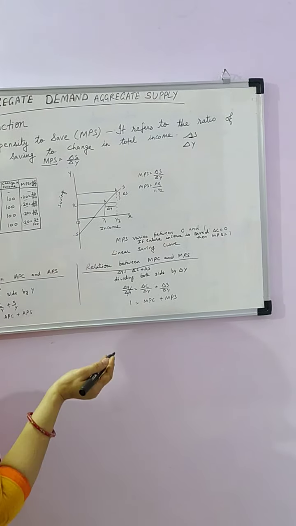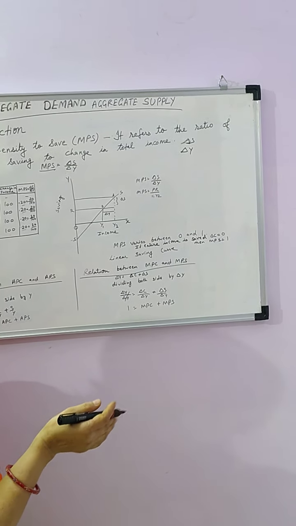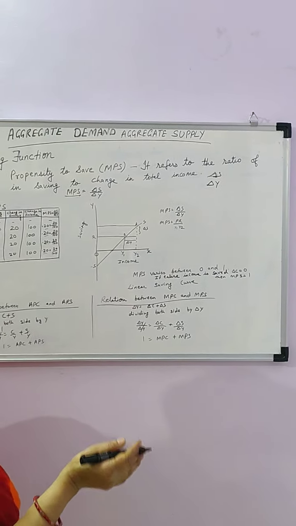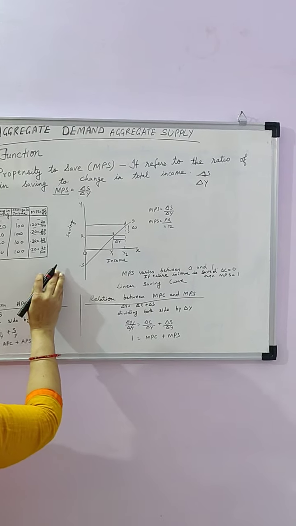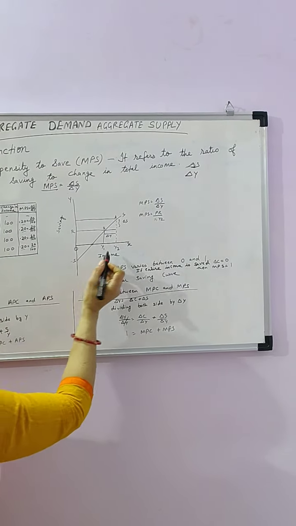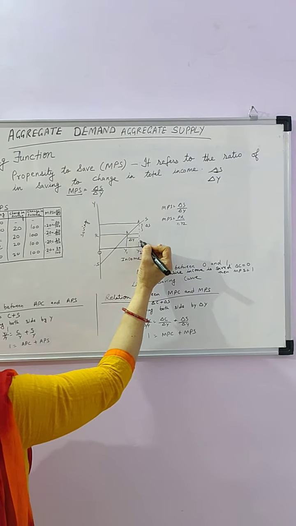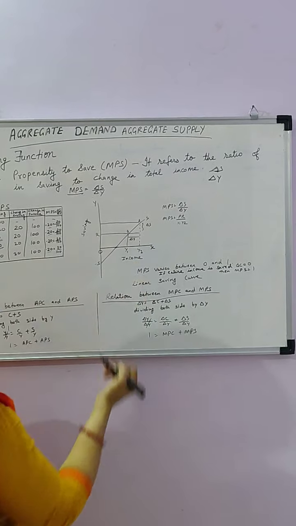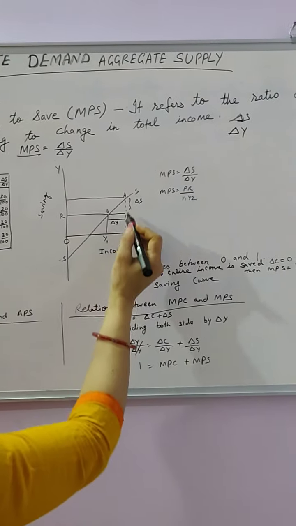Their additional income increases, but their consumption expenditure does not increase equal to income. So that difference will be the saving, and people are utilizing that additional income for savings.